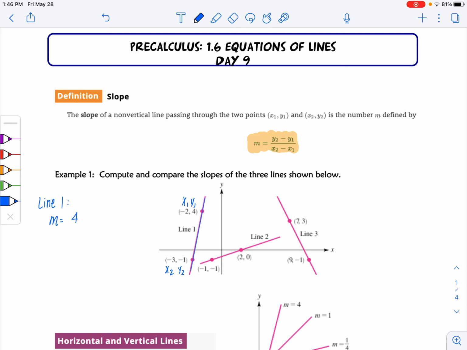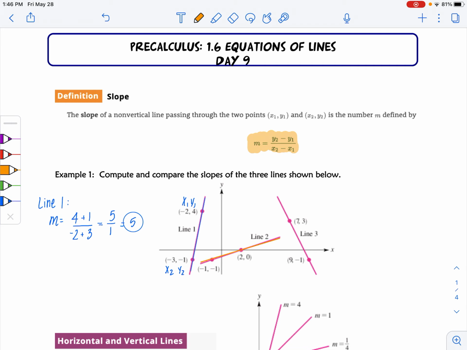Again, I'm going to start with y1 minus the negative y2, all over x1 minus the negative x2. Simplify, you get 5 over 1. So that line's slope is 5. It's positive, it's going up, and the slope is 5 over 1, or 5.